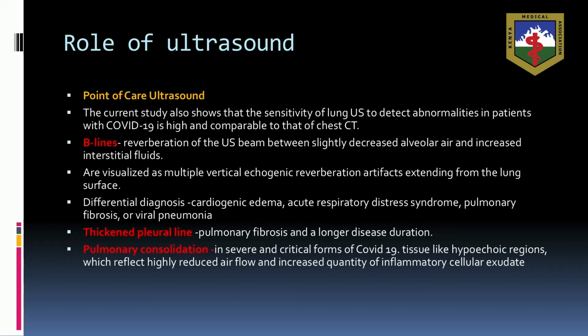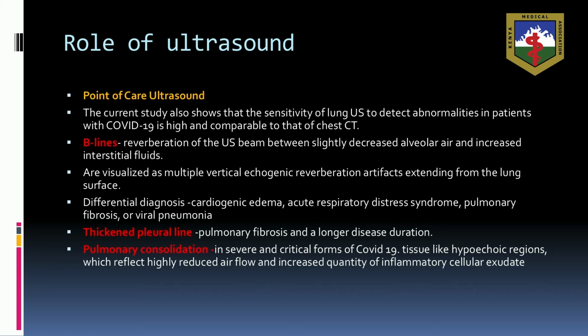It's reduced because fluid has lower sound, all right? So it will be hypoechoic, all right? So it will not reflect sound as much as the air will. So what will happen is that the places where there is more inflammatory fluid, they will look darker, which is also called hypoechoic. Now, the B lines are visualized as multiple vertical echogenic reverberation artifacts extending from the lung surface.